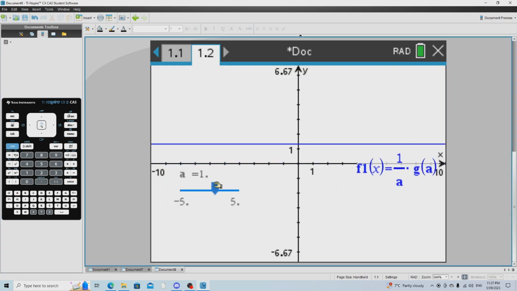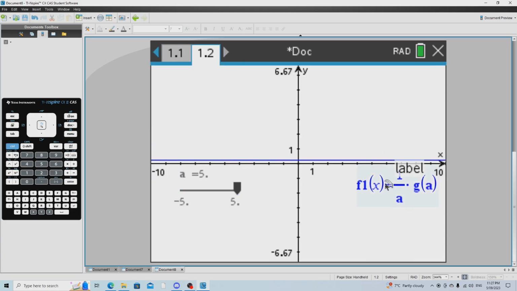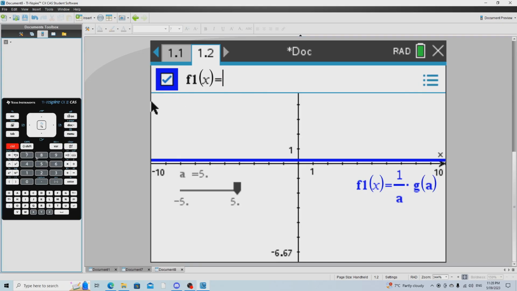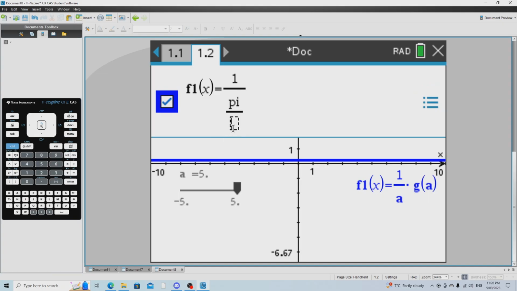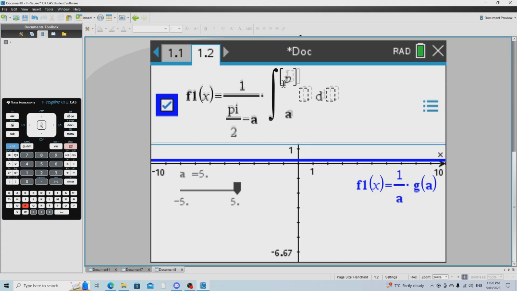And wow, this is quite... Yeah, why is this? Let me just draw the other one, maybe 1 over pi over 2 minus a times a pi over 2 over x minus 1 dx.